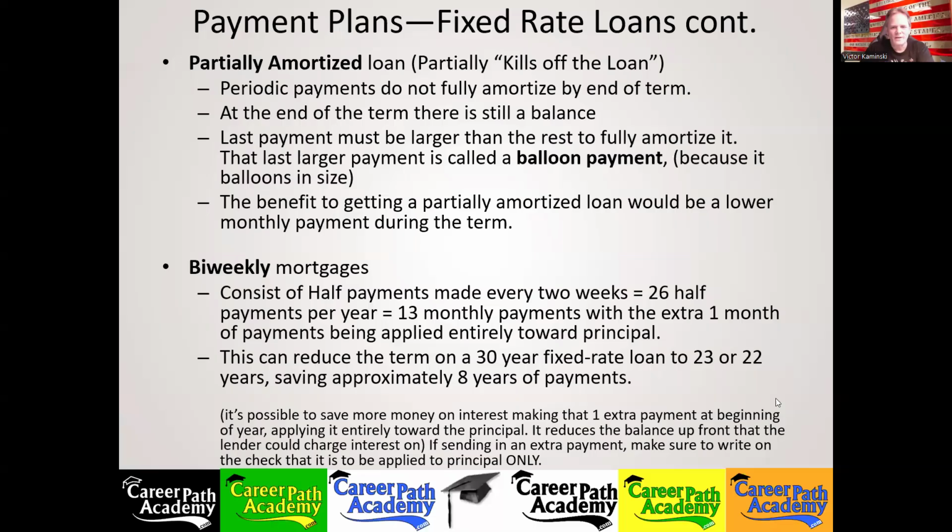Let's see, partially amortized bi-weekly. Let me get that back up on the screen. Okay, so we see that it's about $600,000, right? If you're in Union County, it's above $600,000.